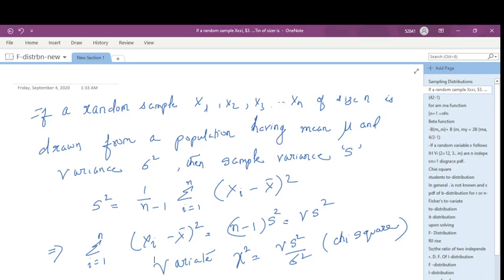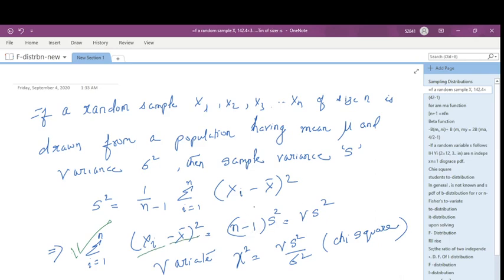Now subsequently, let me highlight that part so that you will have more clarity. What we are doing here is just a cross multiplication, and the summation of these squares of the deviations is equal to n minus 1 multiplied by s squared.